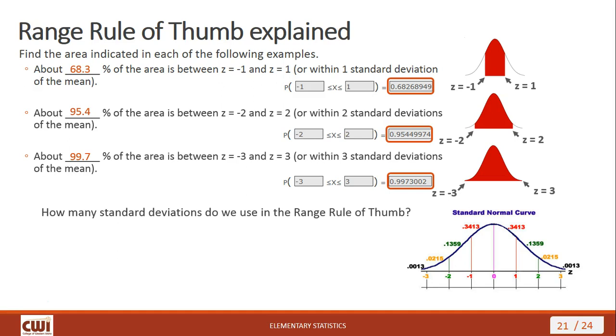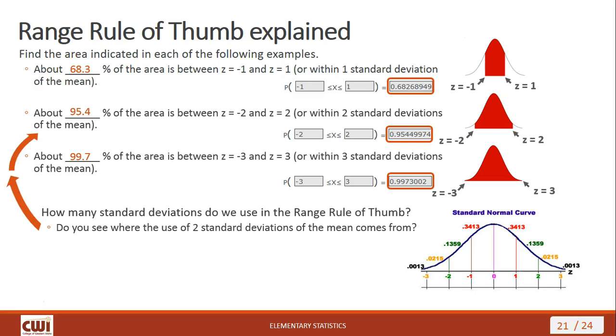Now, how many standard deviations do we use in the range rule of thumb? I hope you said 2, because remember, with the range rule of thumb we're looking for that range of quote-unquote usual values, and they lie within 2 standard deviations of the mean. So do you see where that 2 standard deviations comes from?